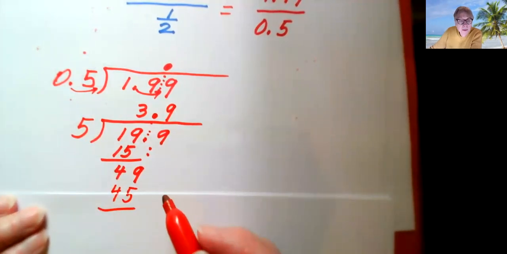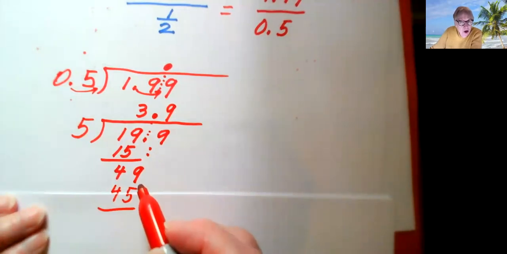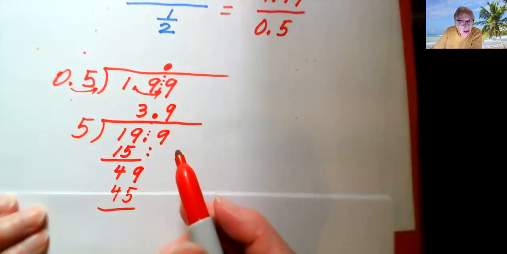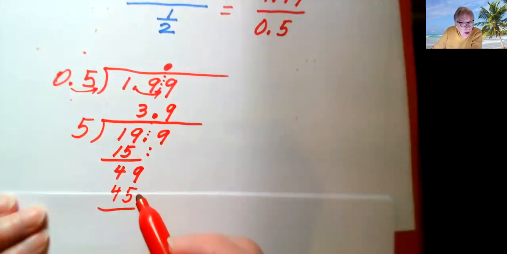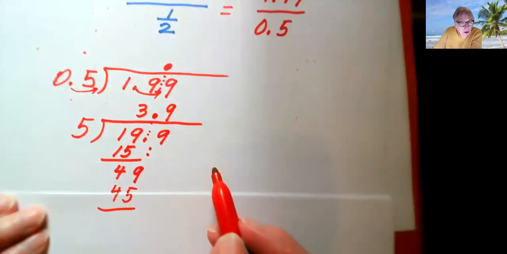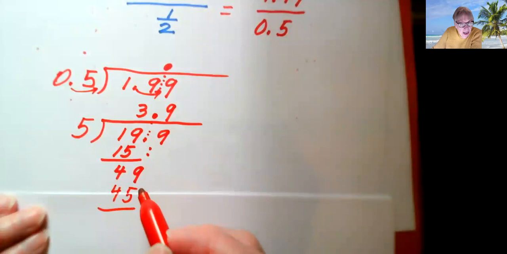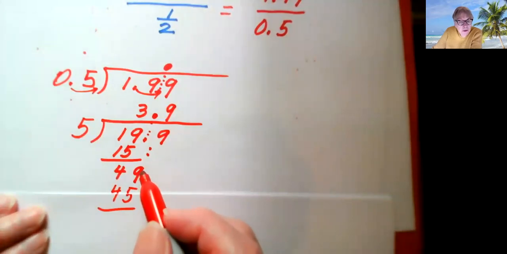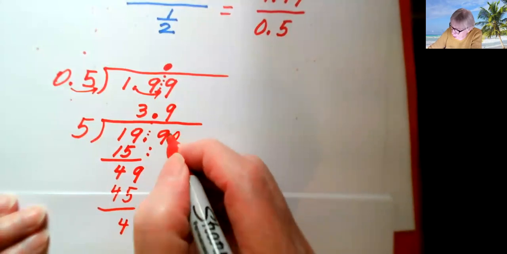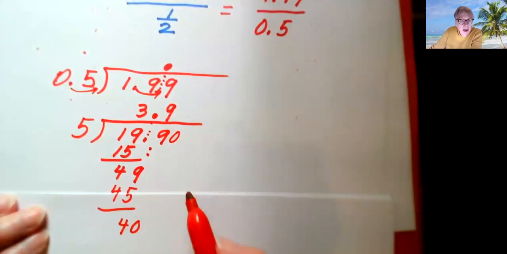Oh, there you go. See, I started to panic, but the truth of the matter is there were no instructions in the original problem. Then I'm thinking, well, it probably should give me a 0 remainder soon enough if I just have patience. And so 49 take away 45 is 4. I'm going to add one more 0 to the mix, and I've got it.